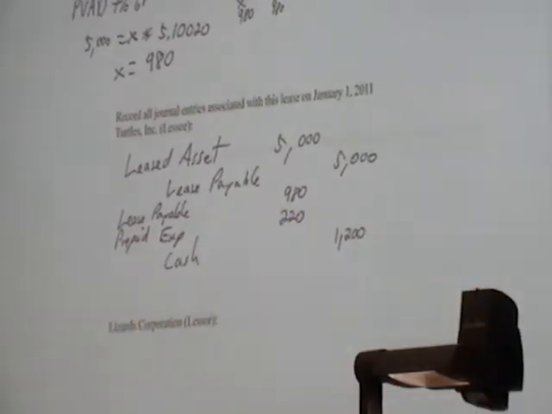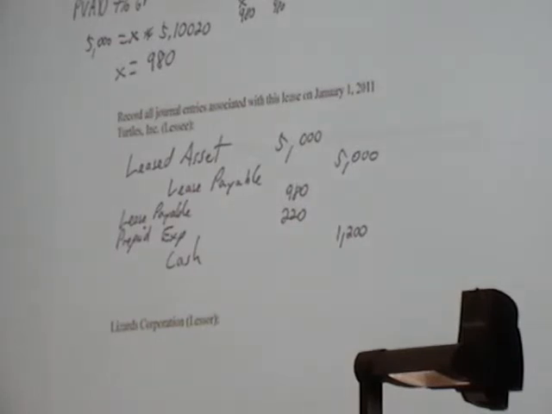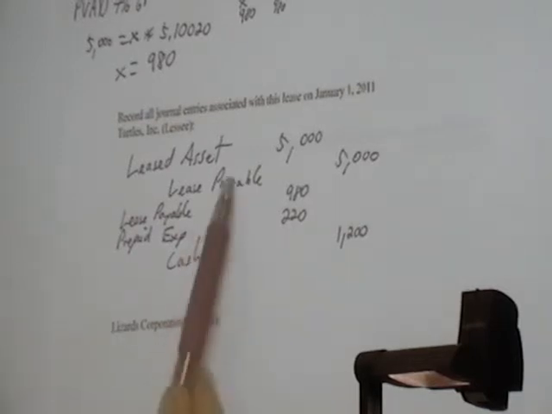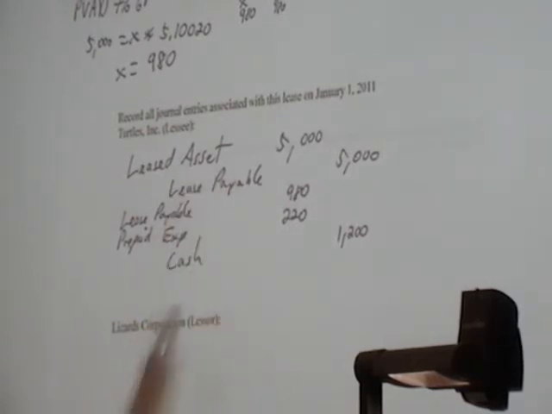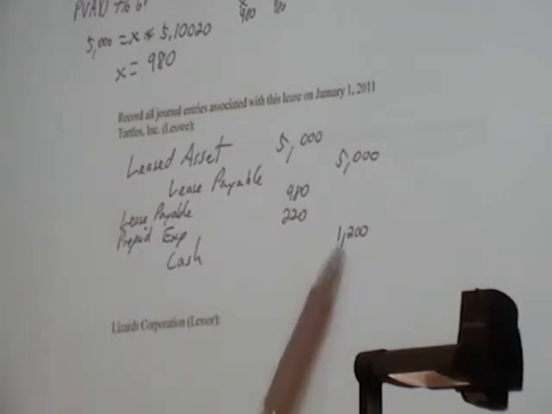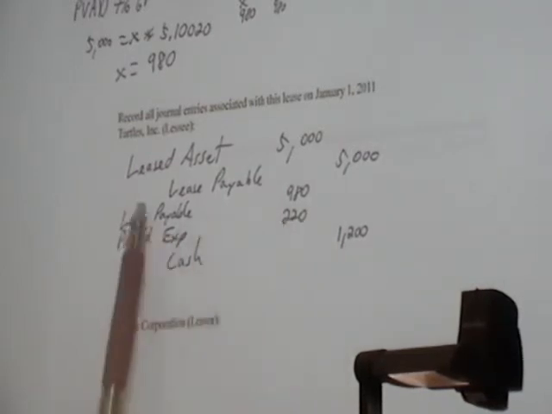Does that make sense? So this is the transfer of the asset and the creation of the liability. This is the first payment, which includes some executory costs and the lease payment.